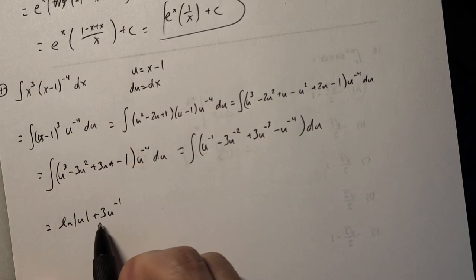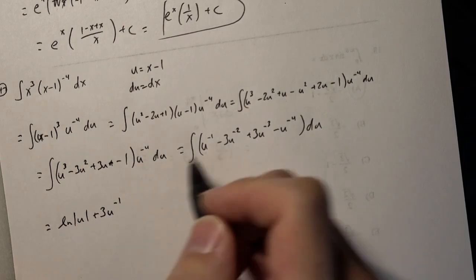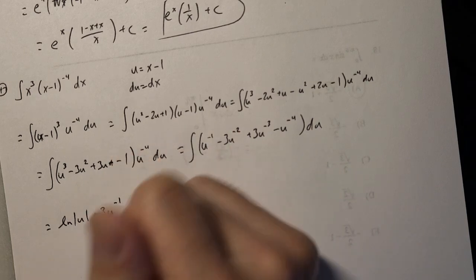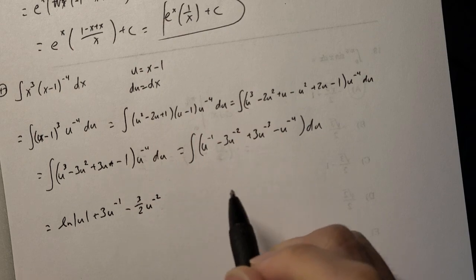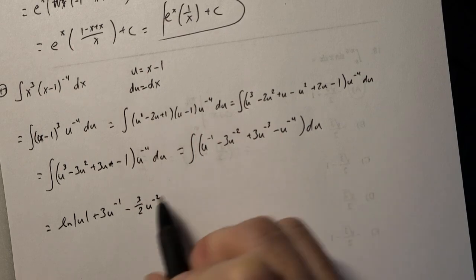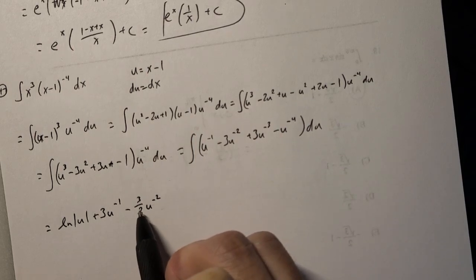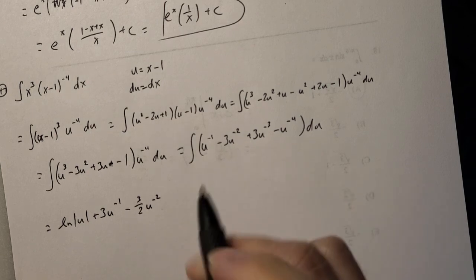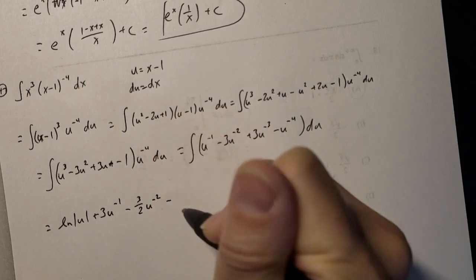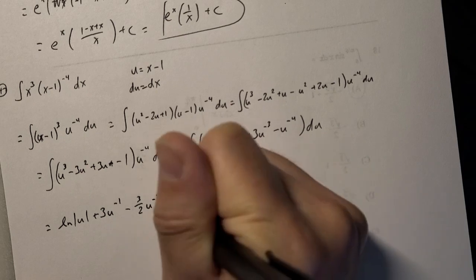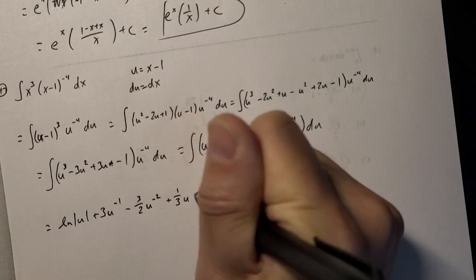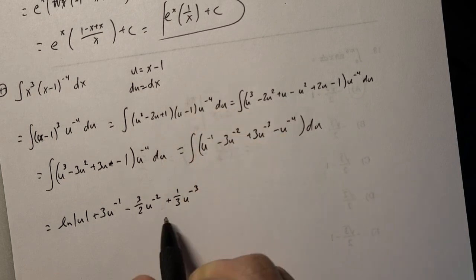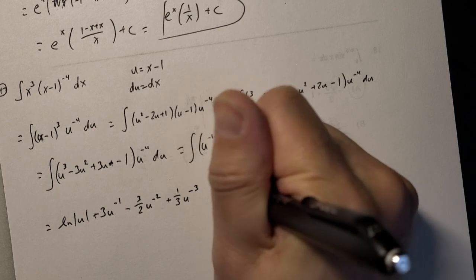If I differentiate, it'll be minus 3u to the minus 2, which is the same as there. Here would be minus 3 over 2 u to the minus 2, because if I differentiate this, once again, it'll be plus 3u to the minus 3, which is there. And then plus a third u to the minus 3, and if I differentiate this, I get minus u to the minus 4, which is there, right?